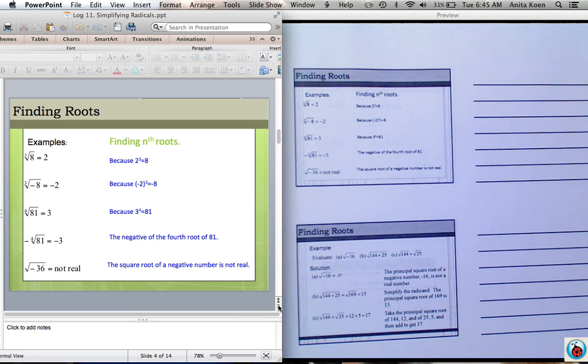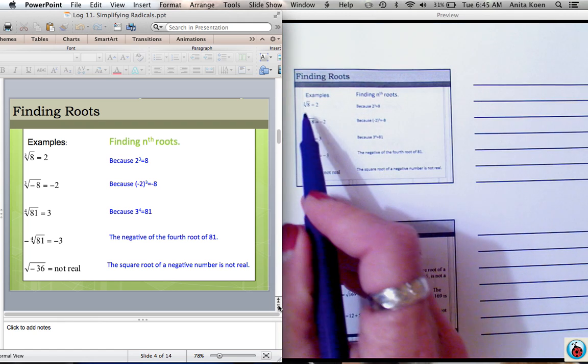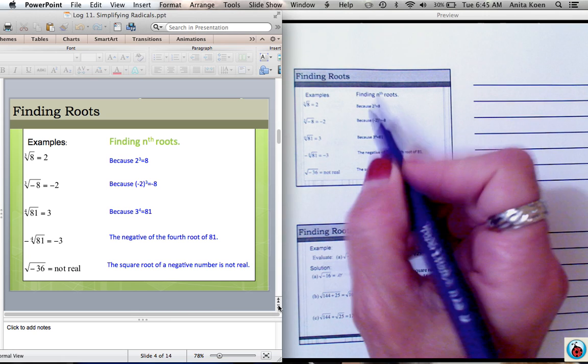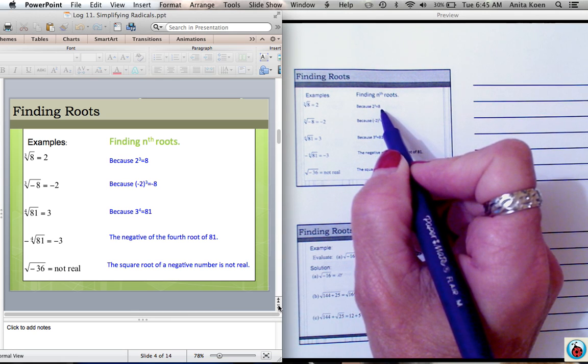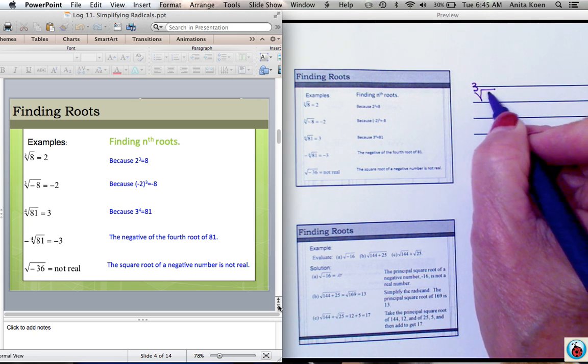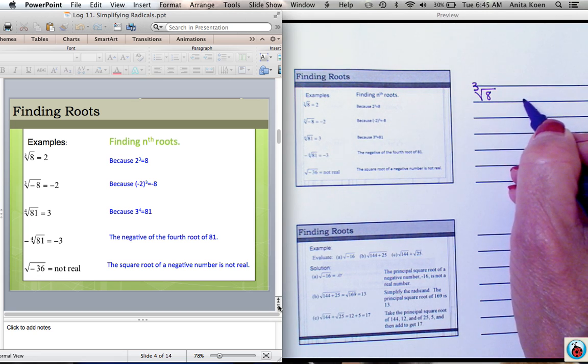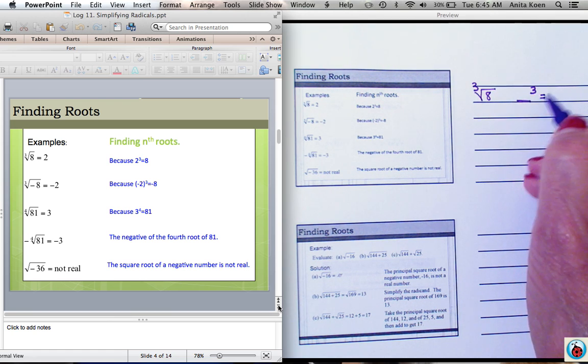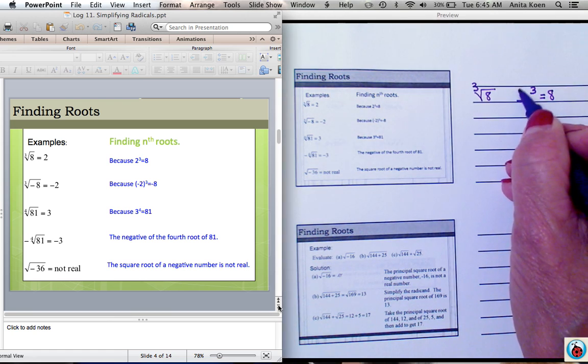Okay, some examples. The cube root of 8 is equal to 2, because 2 cubed is equal to 8. So if I ask you to find the cube root of 8, what I'm asking you is what number raised to the third power is equal to 8, and that number would be 2.